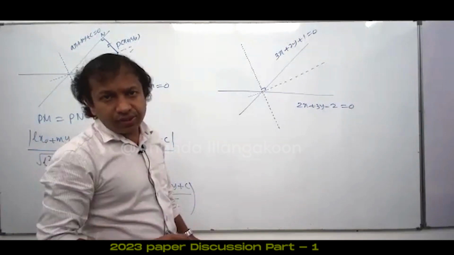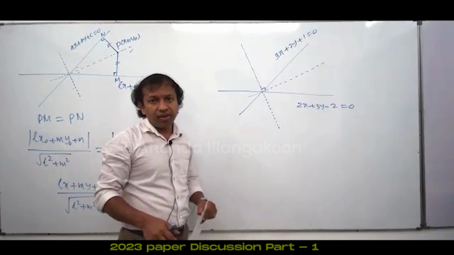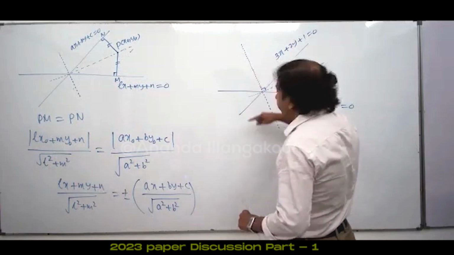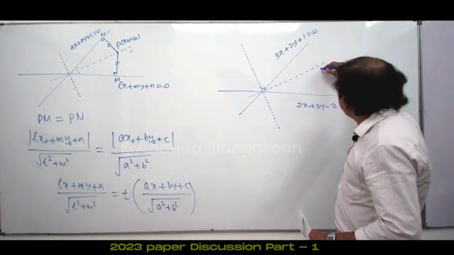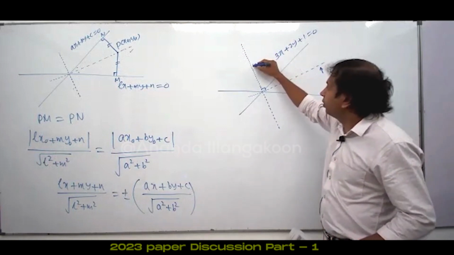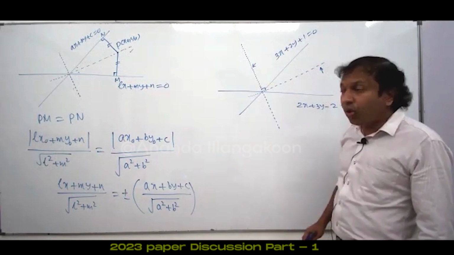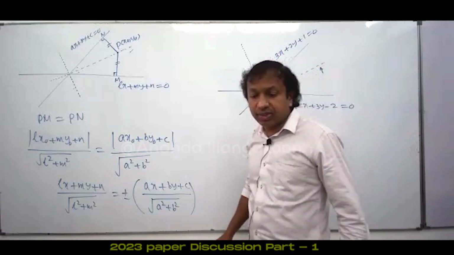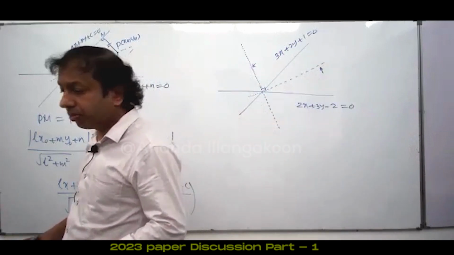Now this question says two adjacent sides of a square lie on these two bisectors. That's what it says. Then people, first of all, we'll find the equation of this bisector and this bisector. After that, we'll draw another diagram showing these two sides lie on the adjacent sides of a square as given in the question. Okay.